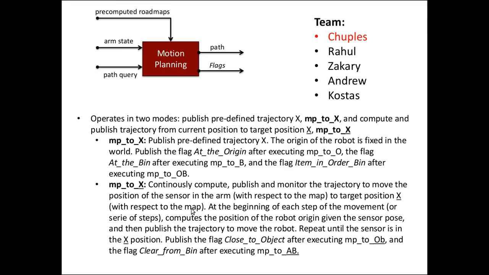So always with respect to the map. In this case, I'm interacting with the real world, and to avoid problems with uncertainties related to the position of the robot, I'm proposing this form of operation.